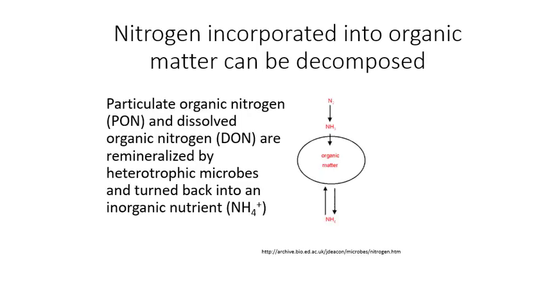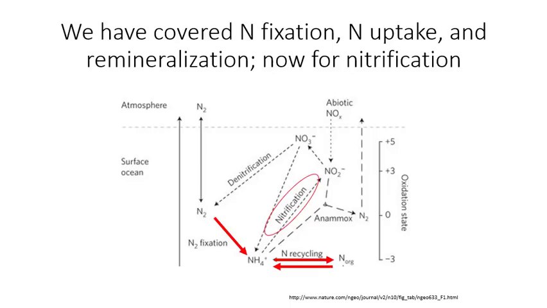The organic nitrogen that is in the biomass of the organism can then be remineralized by heterotrophic microorganisms and turned into an inorganic nutrient, such as ammonium, which can then be taken up by another organism, and the nitrogen cycle has started. So now we've covered nitrogen fixation, nitrogen uptake into a cell, and remineralization back into inorganic nutrient form.